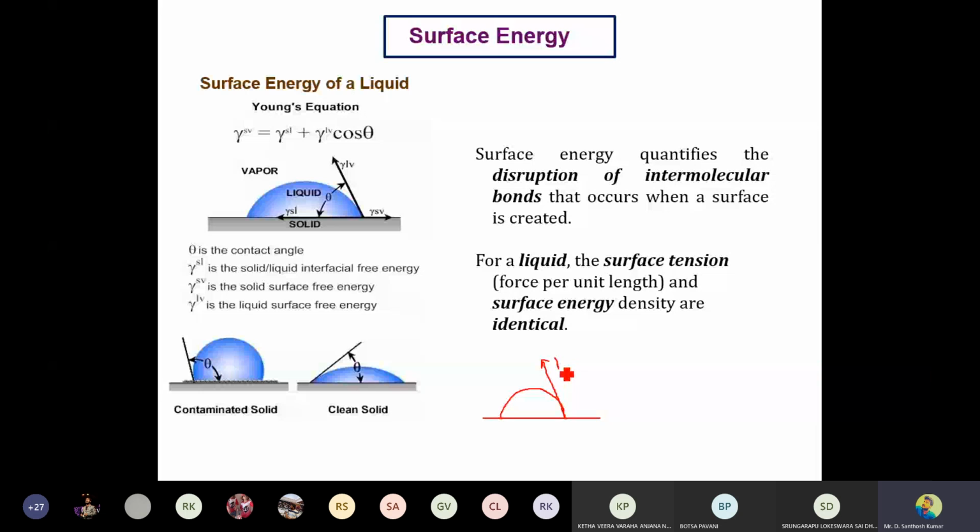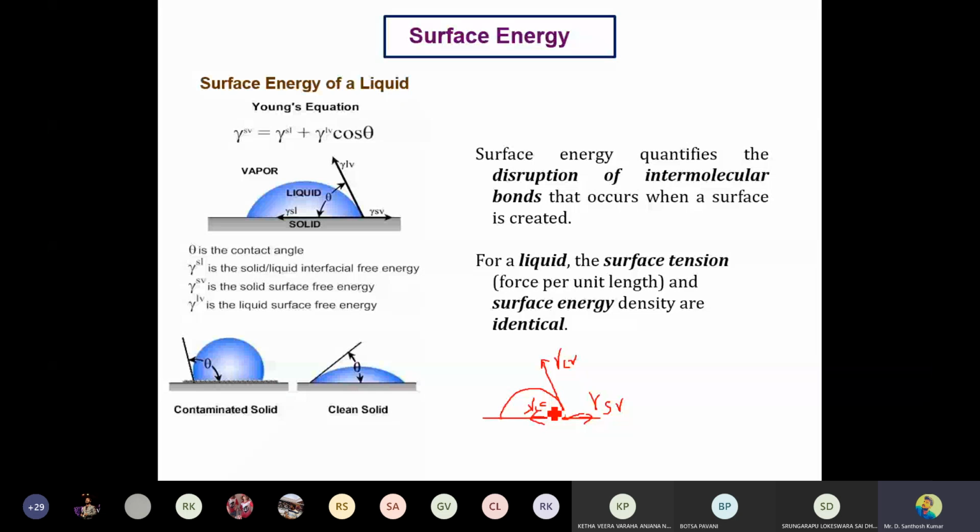Another is the surface energy between solid and vapor, gamma SV, and this is the surface energy between liquid and solid, gamma LS.